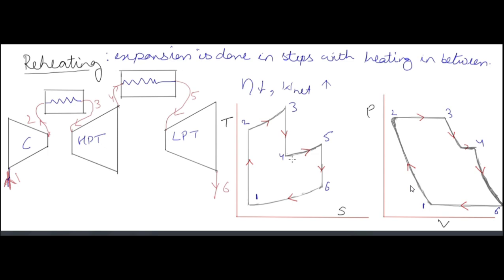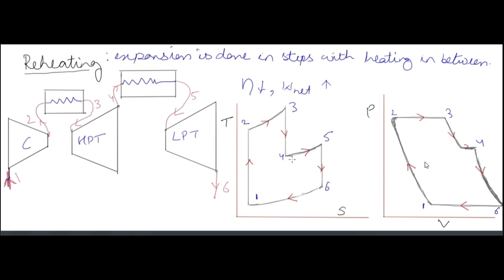1 to 2 is isentropic, 3 to 4 is isentropic, 5 to 6 is isentropic. These are all the compression and expansion processes. 3 to 4 is expansion in the high pressure turbine, 5 to 6 is expansion in the low pressure turbine, 1 to 2 is compression. 2 to 3 is heat added in the combustion chamber, 4 to 5 is heat added in the reheater, and 6 to 1 is heat rejected.